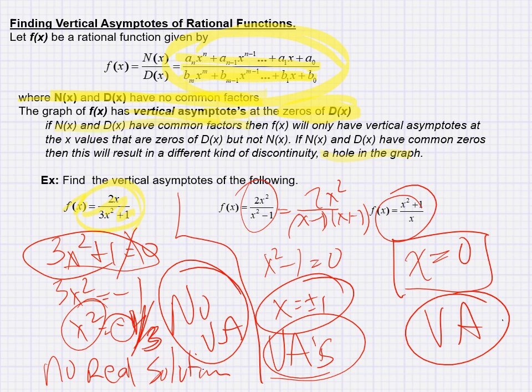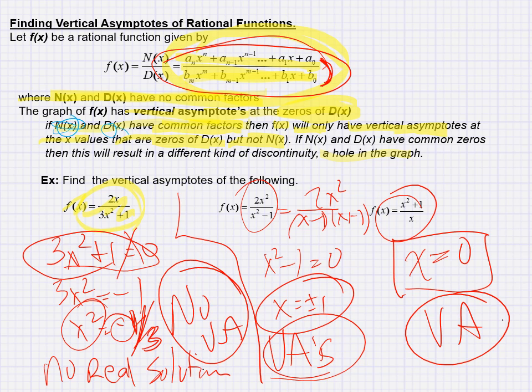Now, what if this is not simplified? What if there are common factors here and here? What are we going to do? Well, look at this. If n and d, the numerator and denominator, have common factors, then f of x will only have a vertical asymptote at the x values that are zeros of the denominator but not the numerator.